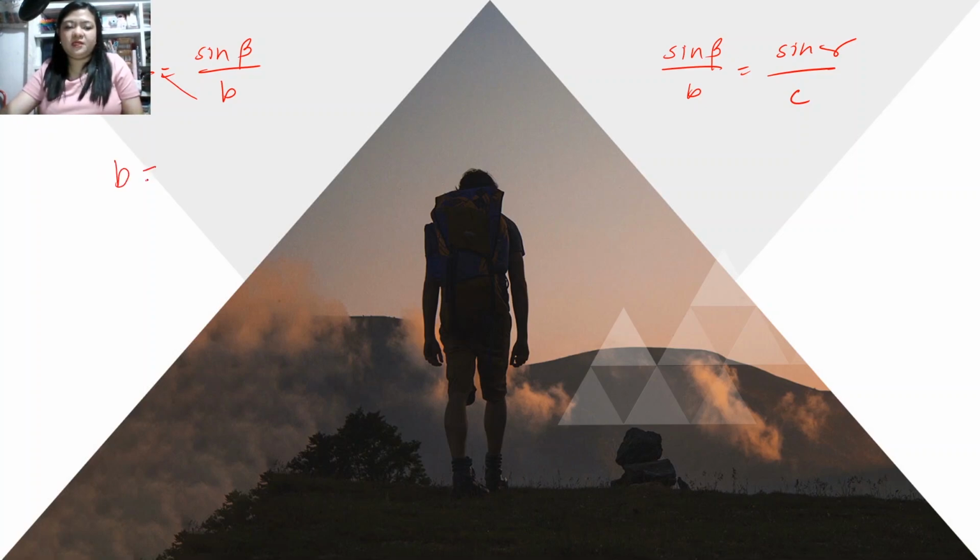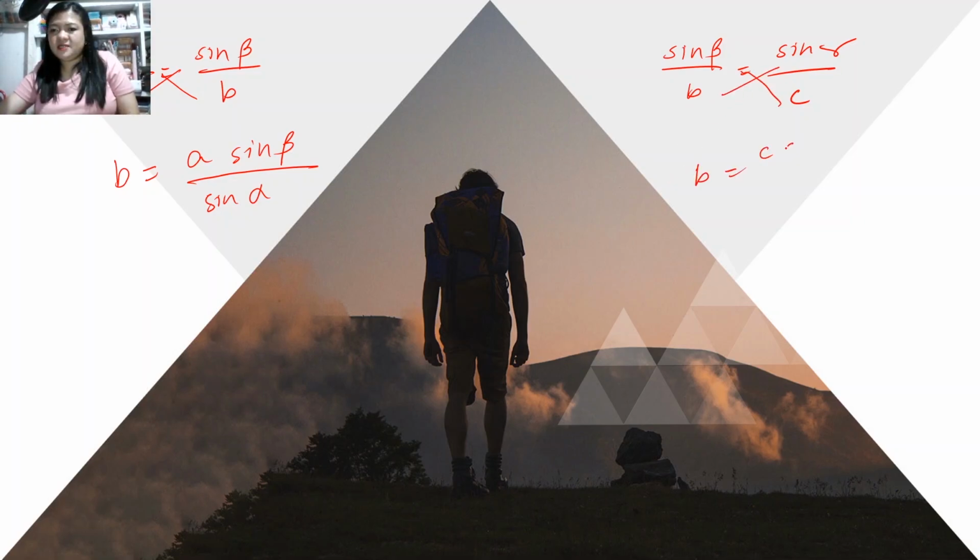So we have B equal to A sine beta over sine alpha. And here we only need B, so we will isolate B. We have B equal to C sine beta divided by sine gamma.